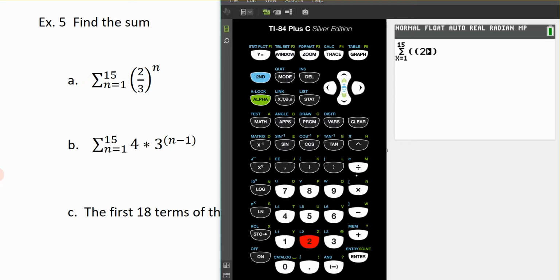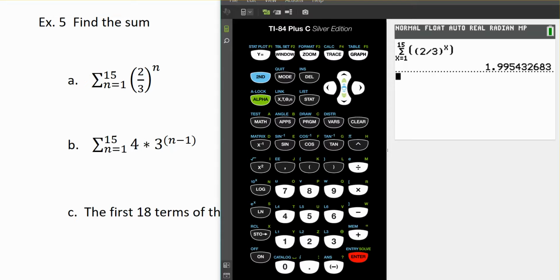So I have 2/3, and I'm going to raise 2/3 to the variable x, because that's the variable we use in our calculator. I think you could use n, but I just use x because it's easiest to get to. So that's the summation that I want to find, and when I hit enter, you should get approximately 1.995.